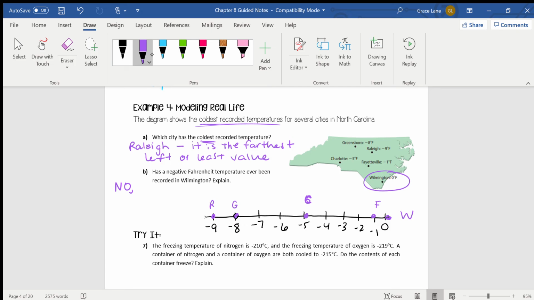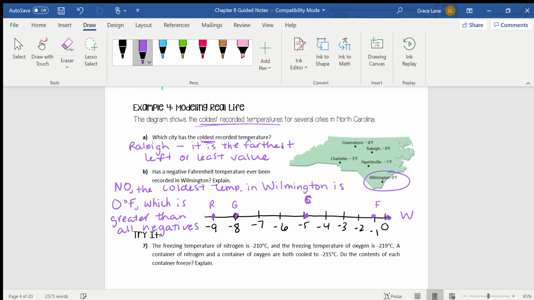So no, the coldest temp in Wilmington is 0 degrees Fahrenheit, which is greater than all negative numbers.